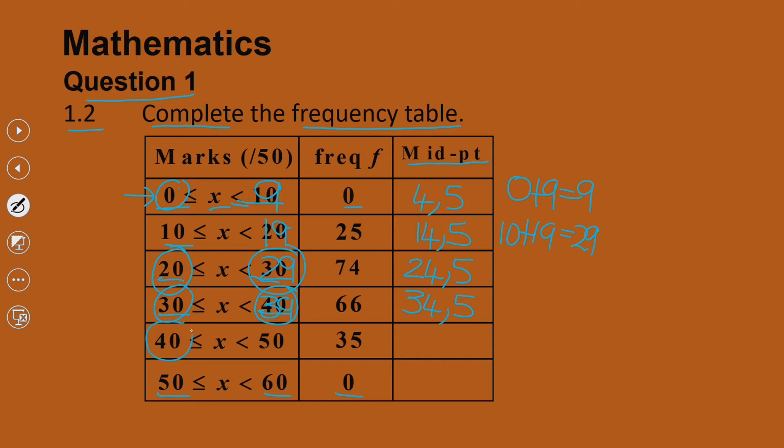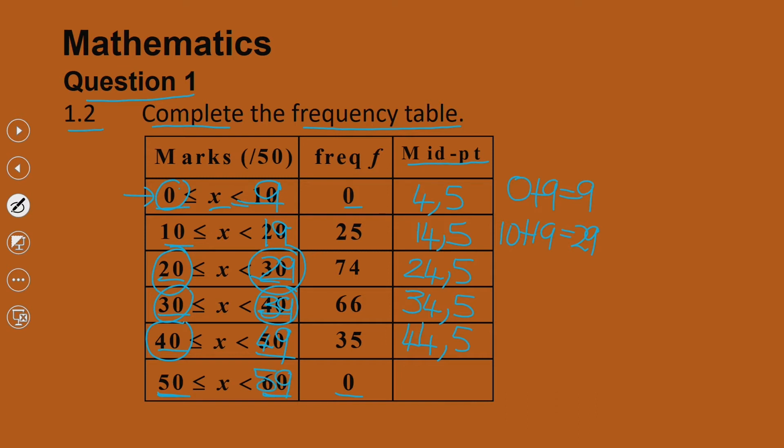From 40 up to 50, which is actually 49, right? What do we say? 40 plus the 49 will give you 89. Divide that by 2, then it will give you 44,5. Then we say from 50 up to 60, which is actually what?